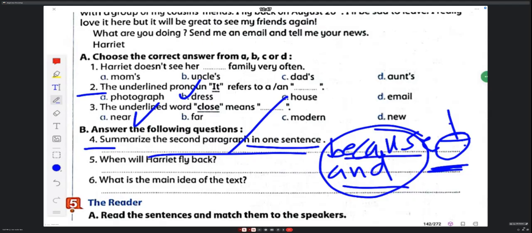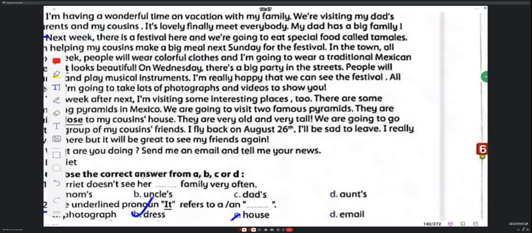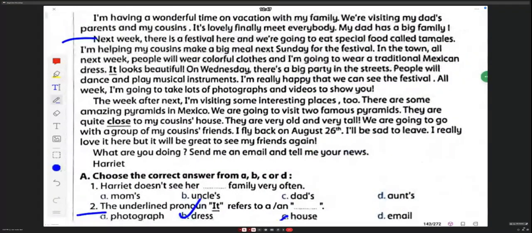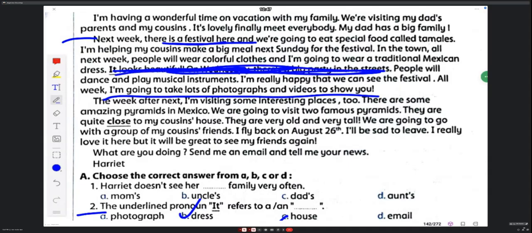I combine the first idea with the last idea, or the first idea with the middle idea. It looks beautiful on Wednesday, and there is a big party. It's a festival, so we don't need these ideas. People will dance and play musical instruments.